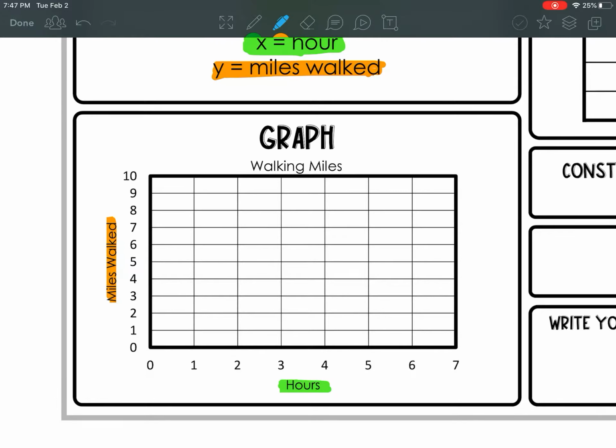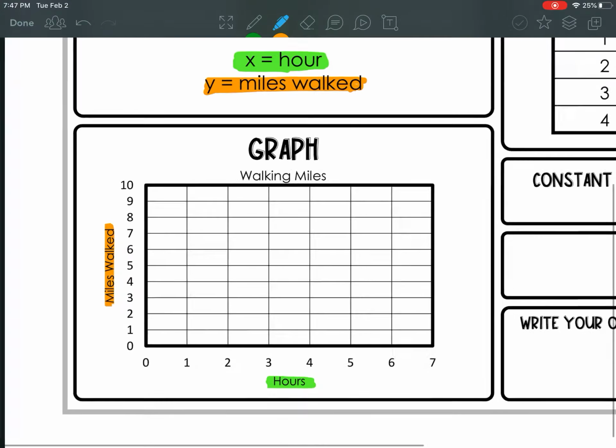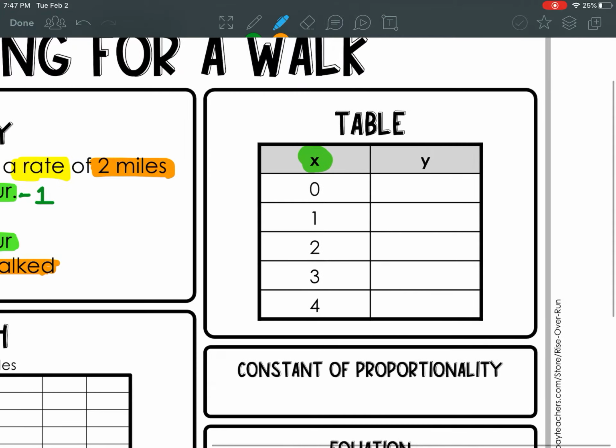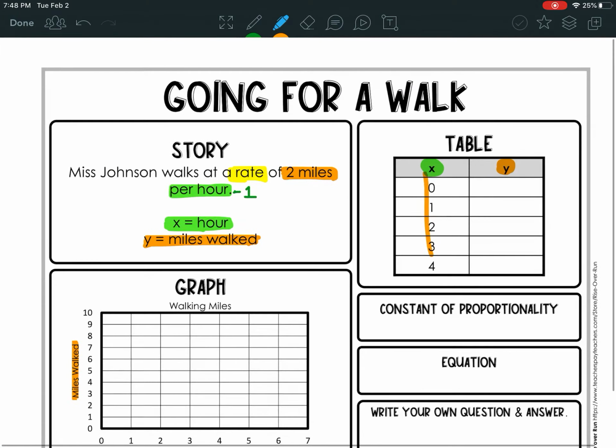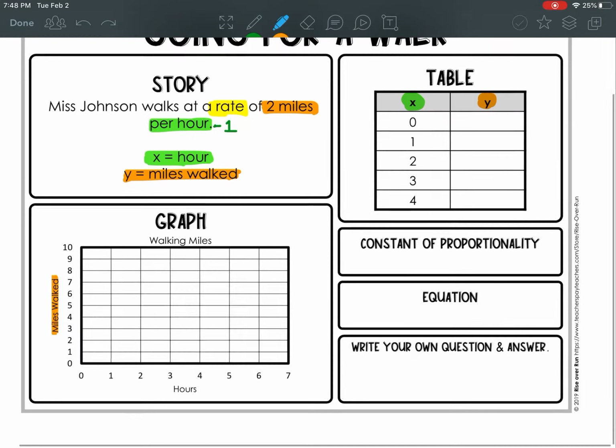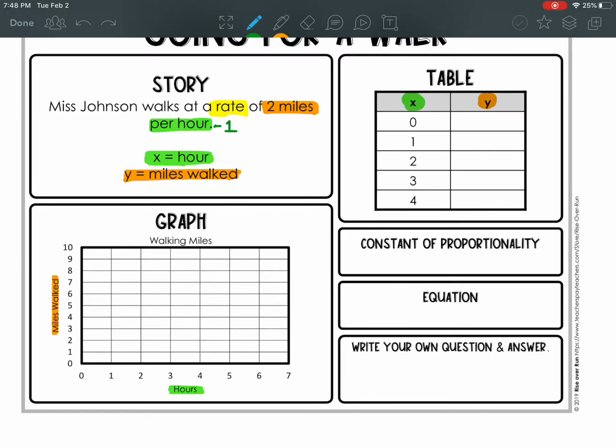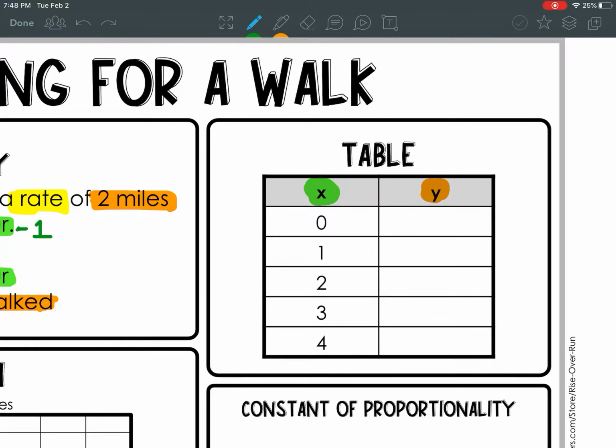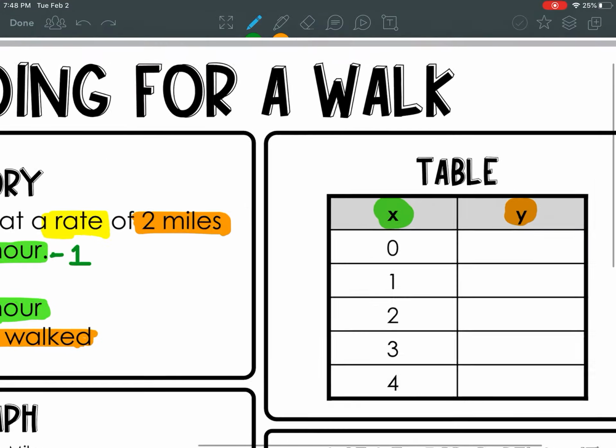Okay, now in orange, we highlighted miles walked. That's our y. So on our y-axis, which is our vertical axis, it's labeled miles walked. Those match. Also then over here in our table, we have to create those y values. So we're going to list those out by using those x values and then figure out what the y's are. And then we're going to plot some points.